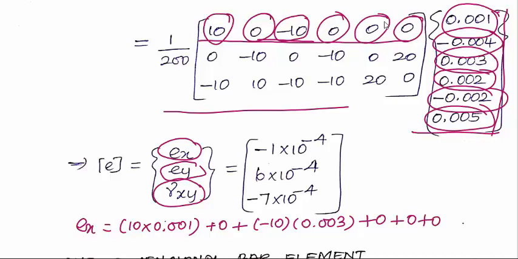So by calculating this, we can get the value of Ex as minus 1 into 10 power minus 4. In the similar way, we can calculate the values of Ey and gamma xy.